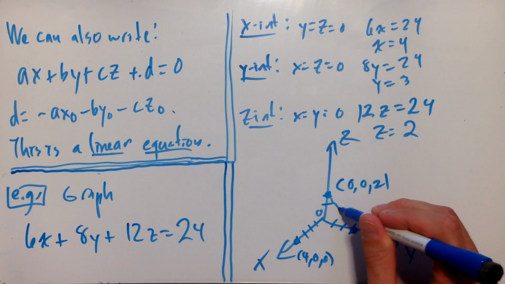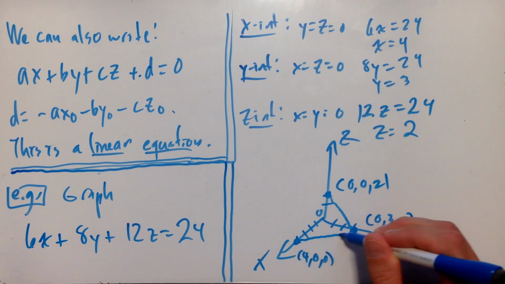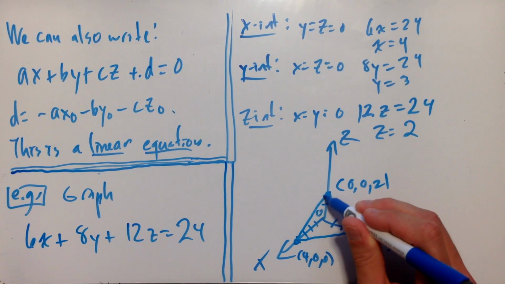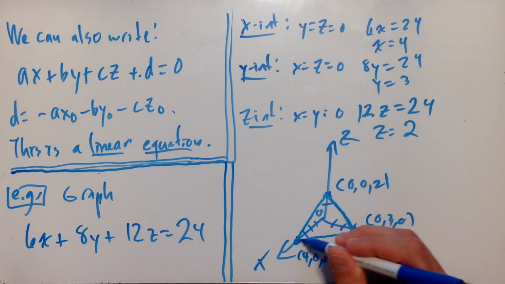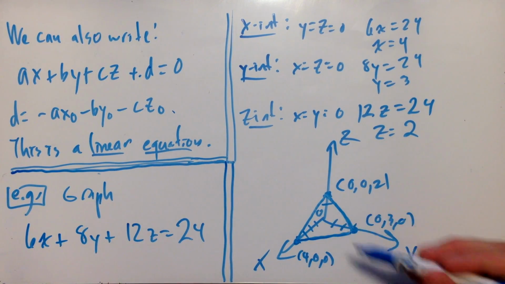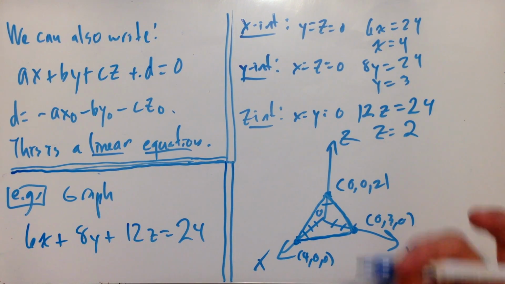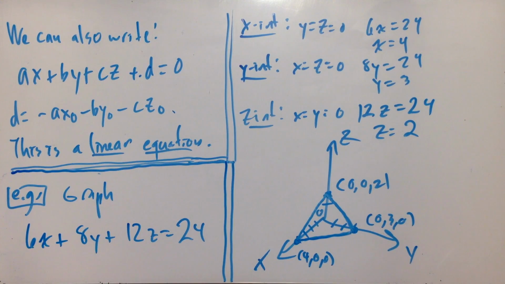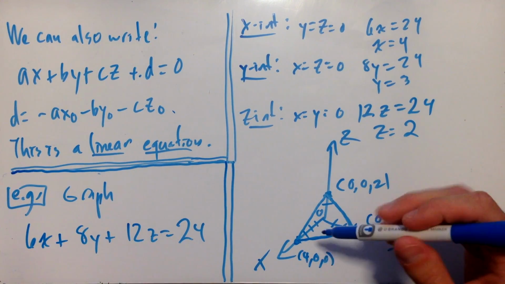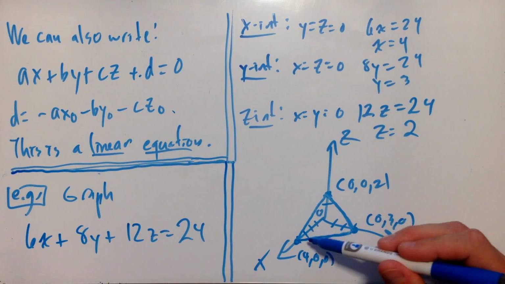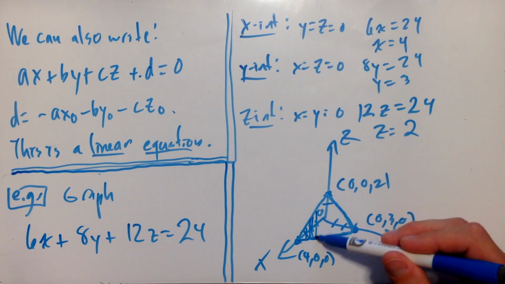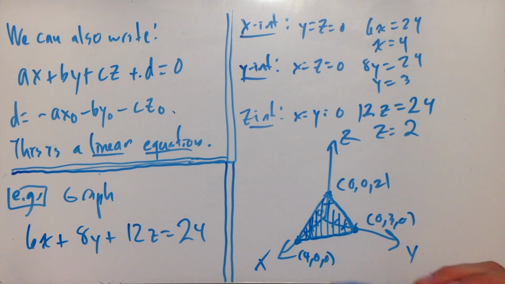And just to illustrate that I'm looking at the plane here, I'm going to draw lines connecting these guys. And that will suggest that this triangle, and really everything inside of it, lies on the plane that we are looking at. If you want to, shade it in a little bit. Okay, there's the plane we're looking at.